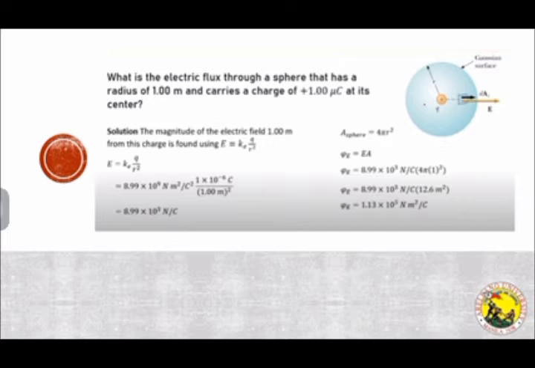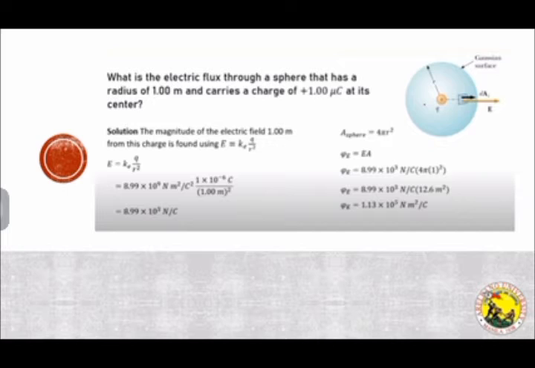First we have Coulomb's constant, 8.99 times 10 to the 9th power newton meters squared per coulomb squared, and for the charge, we have to convert it into SI unit coulomb, so it becomes 1 times 10 to the negative 6 coulomb.